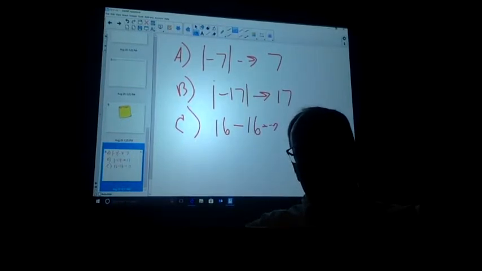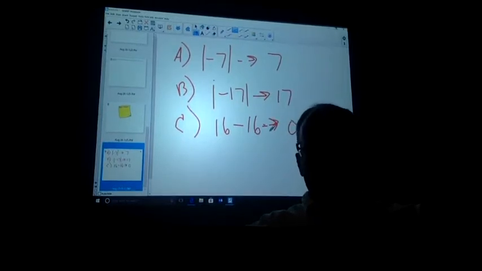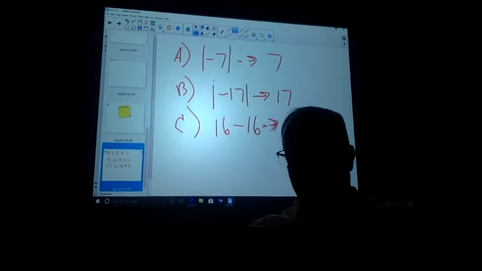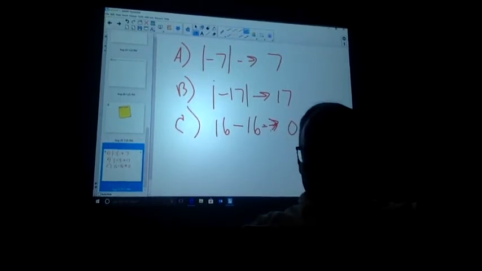Agree? Is that okay? Wait, how? So if it was just 16 minus 16, would it still be 0? It would still be 0. Because I think the original problem looks like 16 minus negative 16.